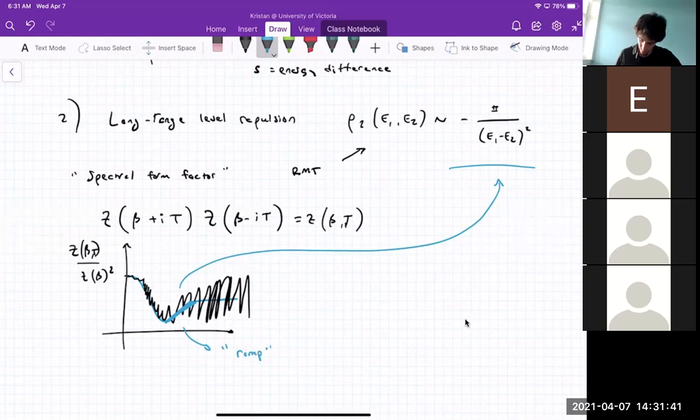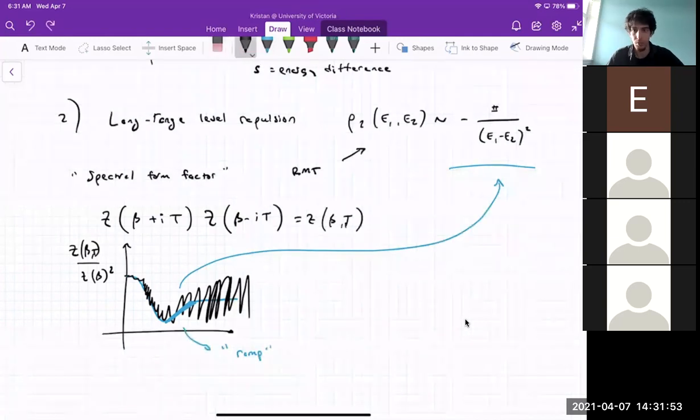It sets in at timescales that are very long compared to your large N parameter. They are on the order of e to the N squared, but shorter than, maybe by a factor of 100, but still very long.